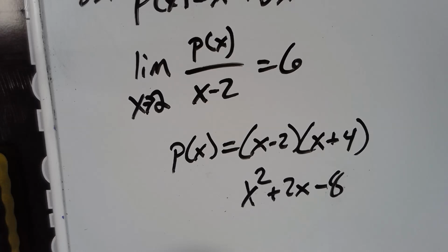This is asymptote stuff. A vertical asymptote is what we're talking about today. That's an infinite limit. What that means is as we approach a certain number on the x-axis, y is growing incredibly large in the positive direction or incredibly large in the negative direction.